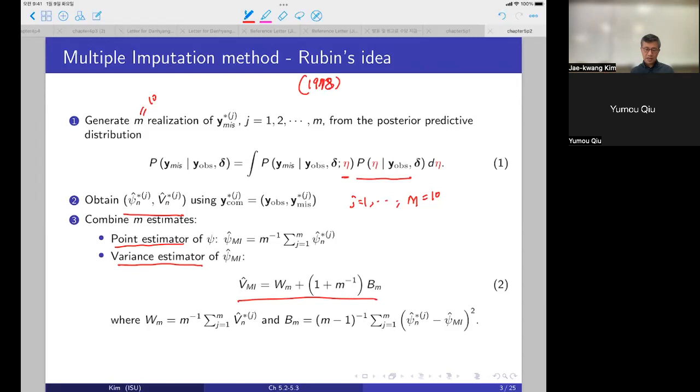So if you ask them to linearize the variance estimator with imputation, they will be very frustrated. But this one, you don't have to, right? You just apply it. So that's very computationally attractive, and so that actually is very popular.